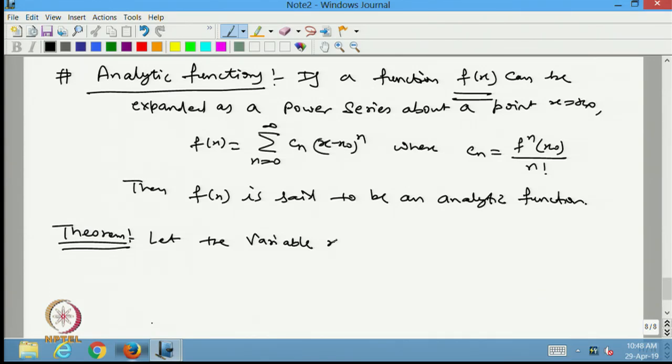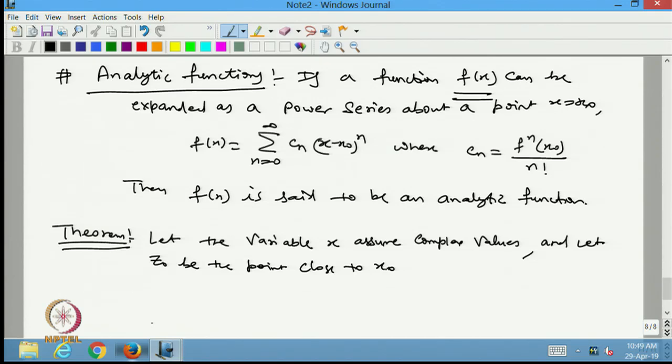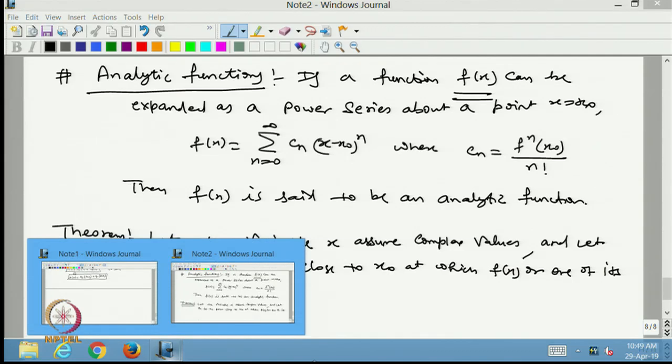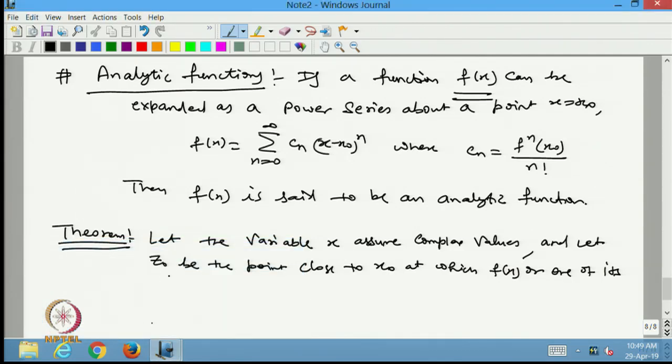So, let the variable x assume complex values, and let z naught be a point close to the point x naught at which the function f(x) or one of its derivatives fails to exist.